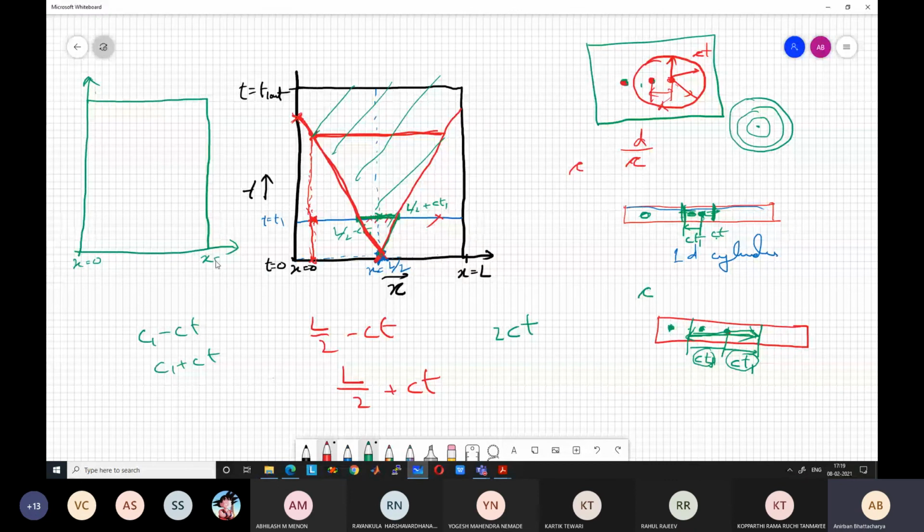But now the stone was not thrown at time t equal to 0. I waited for 100 seconds and after that I threw the stone, still at L by 2.